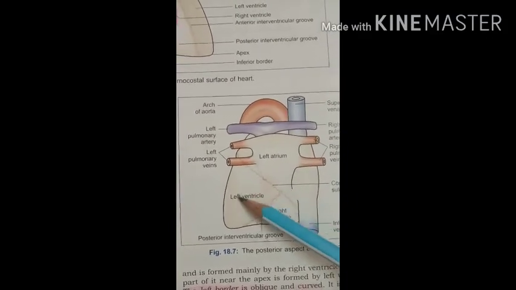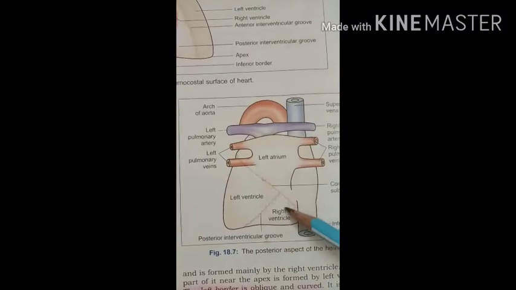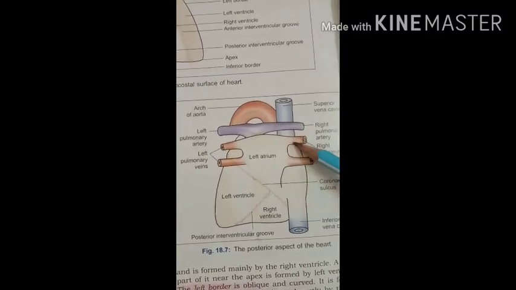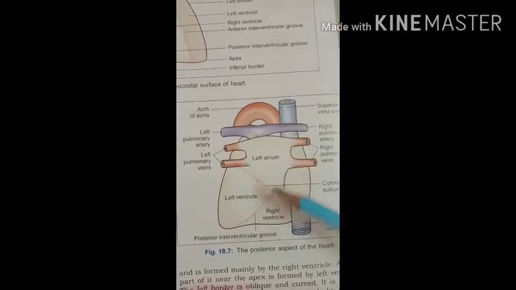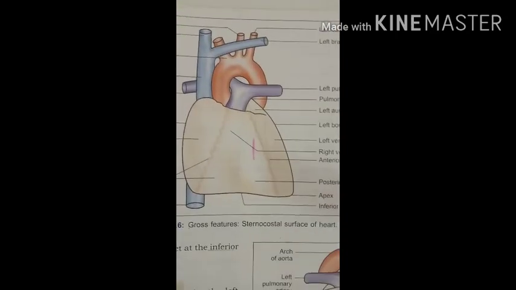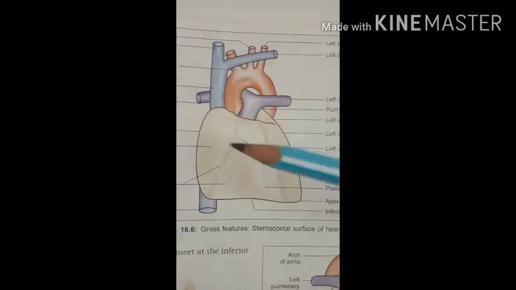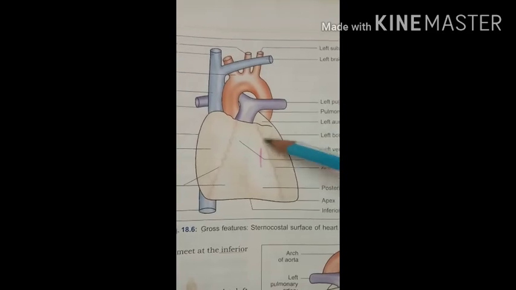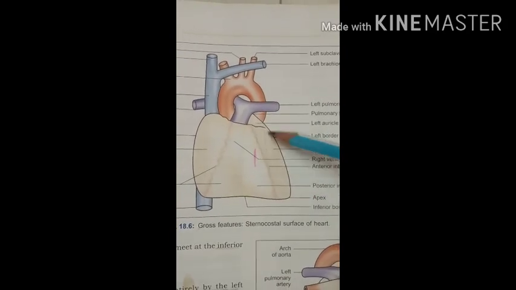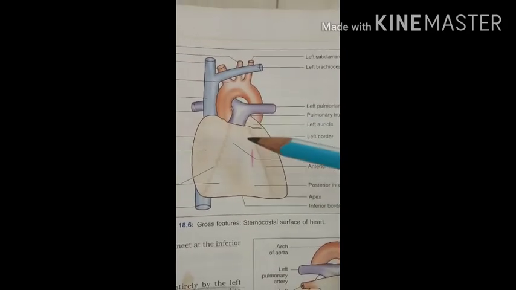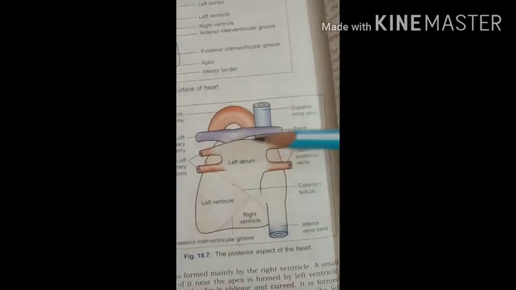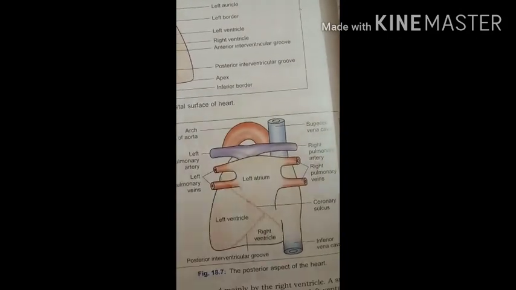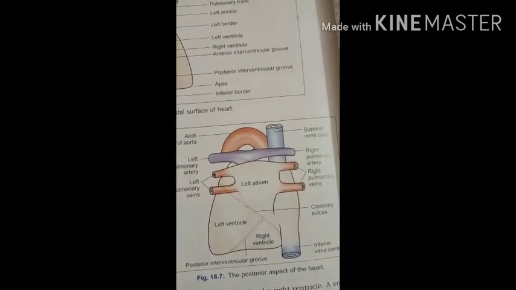This is the left ventricle, this is the posterior view of the right ventricle, and this is the right atrium. Anteriorly the left atrium is not seen, only three chambers are seen: the right atrium, the right ventricle, and the left ventricle. The left atrium is present on the posterior aspect of the heart. Okay, then let's start the details of the right atrium.